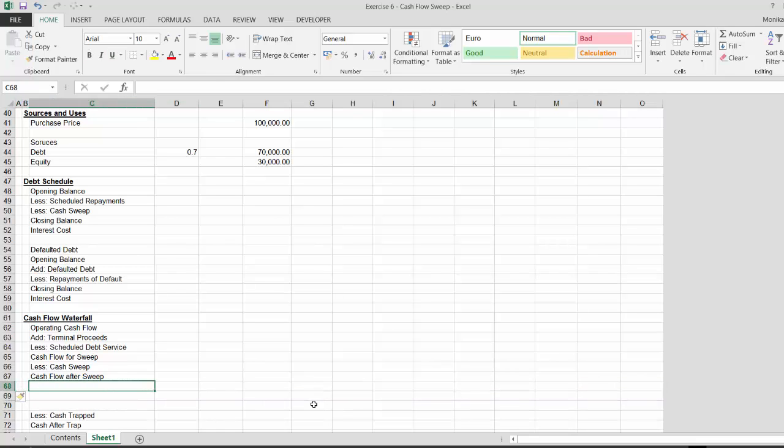Cash flow after sweep, why don't we add the defaulted debt.